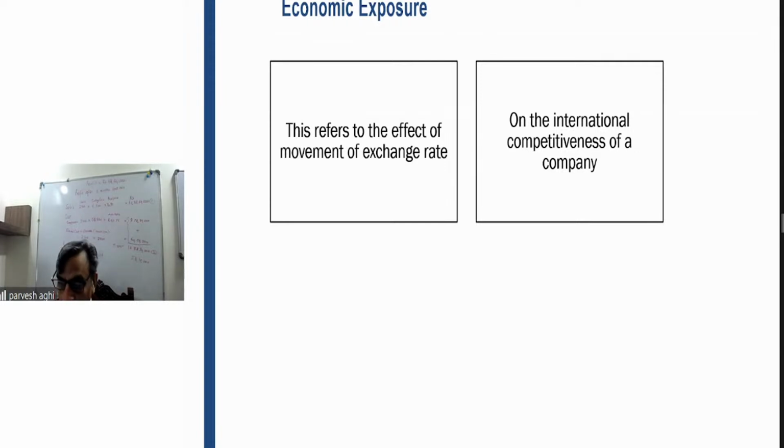For example, a company like TCS or Infosys, who are exporting their services mainly to the US and Europe. If the dollar appreciates, they make more profit. The revenue in dollar terms goes up, so their competitiveness goes up. But if the dollar depreciates, then they're going to lose out in terms of profitability, and their competitiveness also goes down.